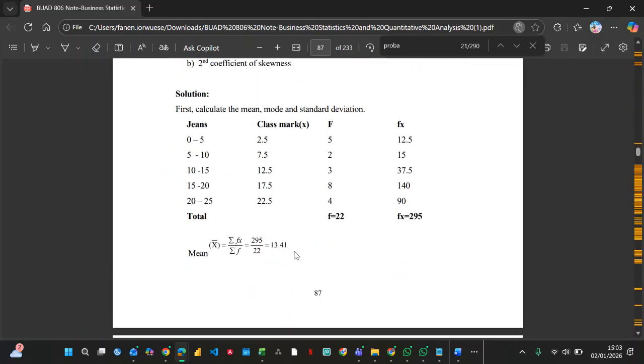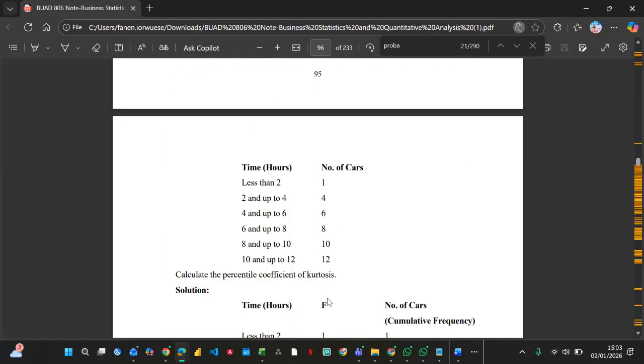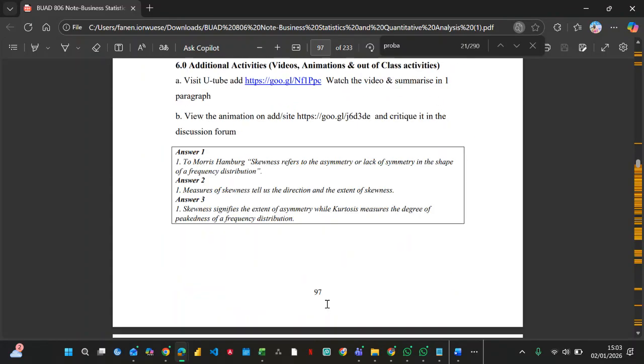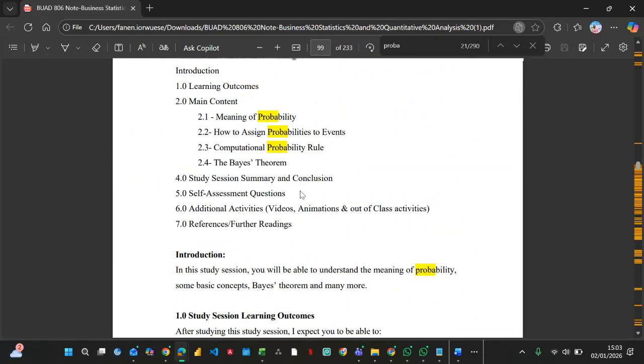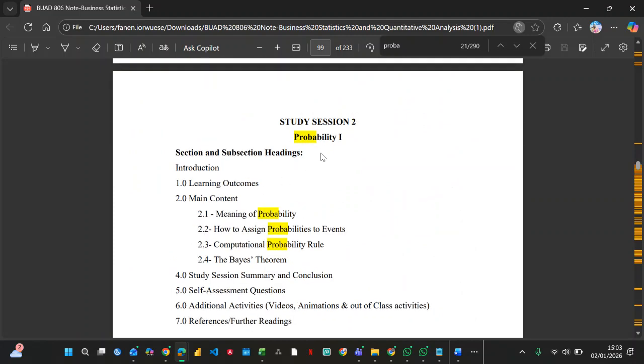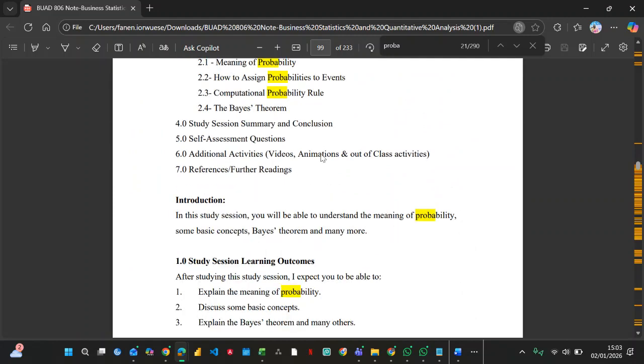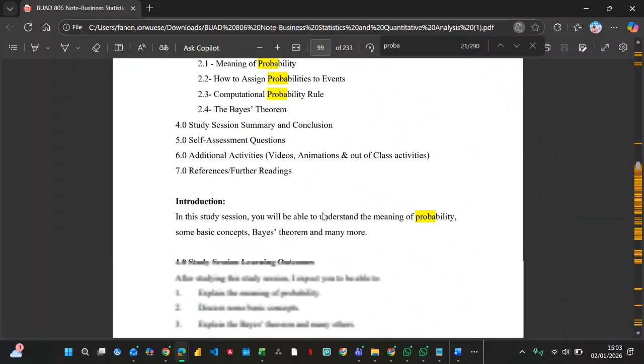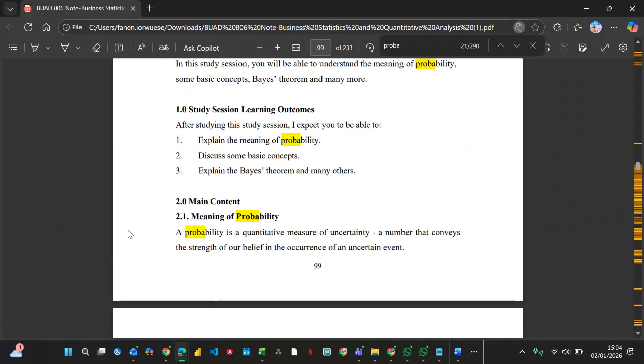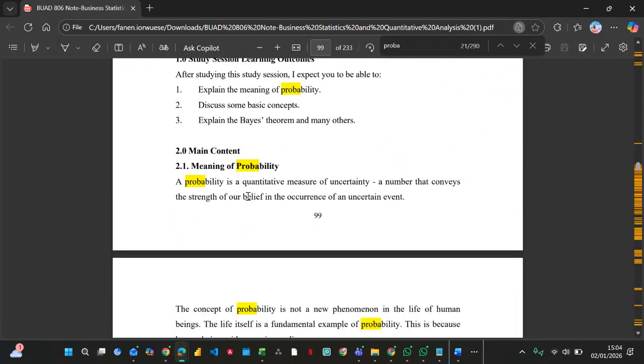Have any of you read this material to this level? I believe so. I just want to show you something. That should be study session two, probability. At least I just want to give a brush up of what probability means.